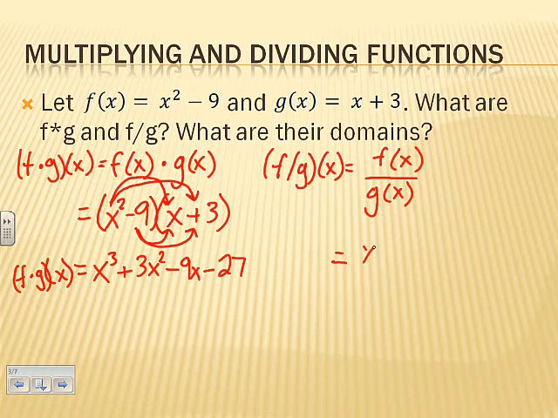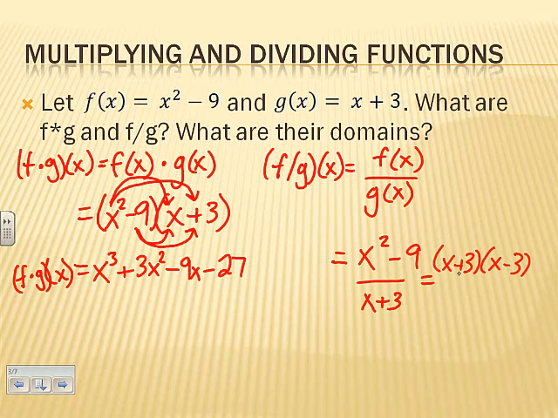So if f of x is x squared minus 9 and g of x is x plus 3, I know that the top can factor as x plus 3 and x minus 3 over the x plus 3, then I can cancel out the factor of x plus 3. So my final answer would be x minus 3, but x cannot equal negative 3.